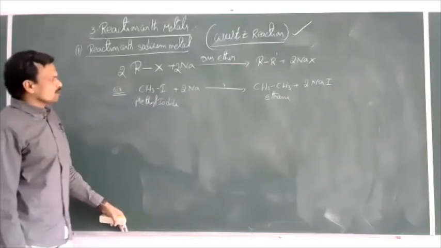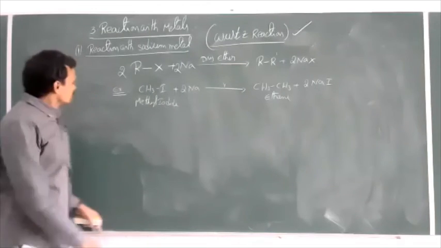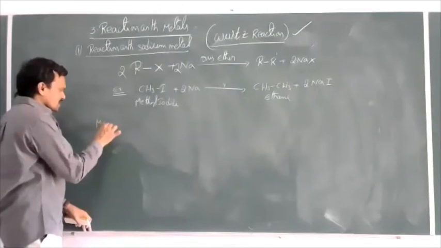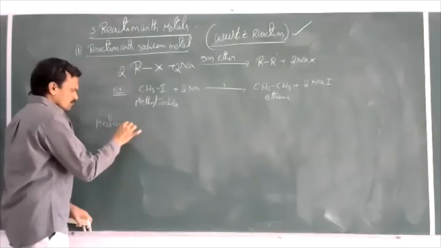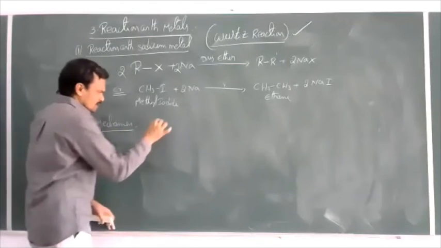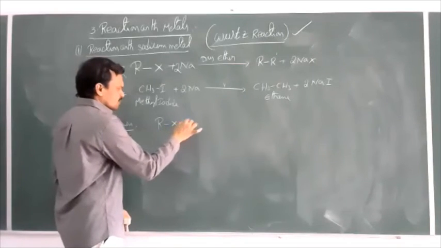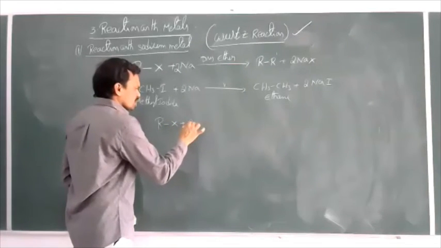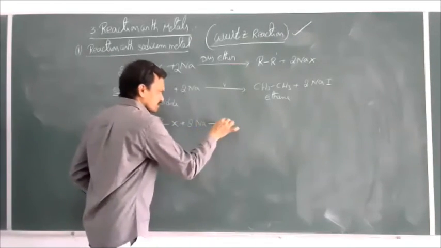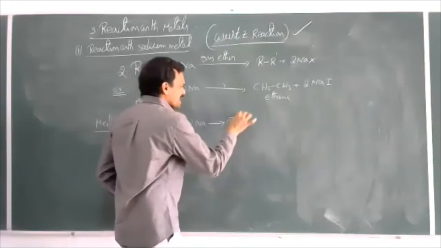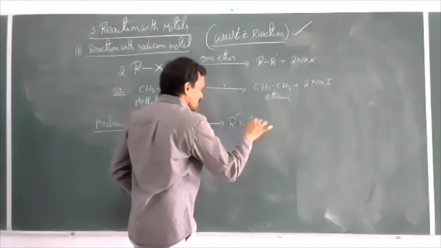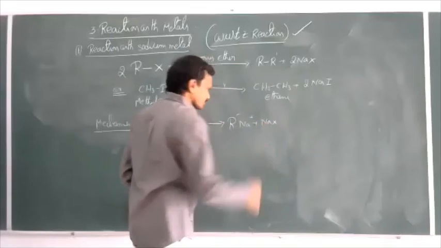Let us see how this reaction takes place. What is the mechanism of this reaction? See, when a haloalkane is allowed to react with sodium metal, it forms R⁻Na⁺ plus NaX.